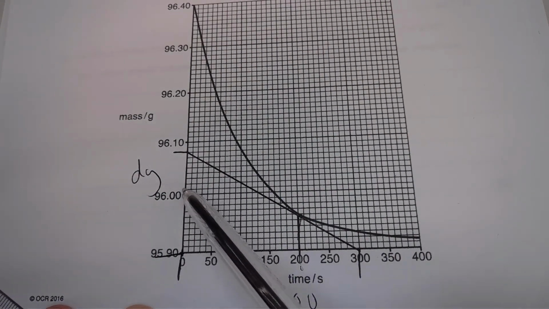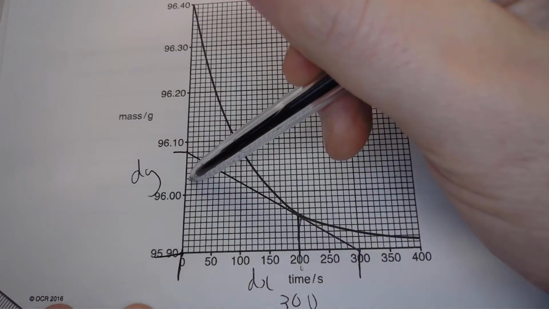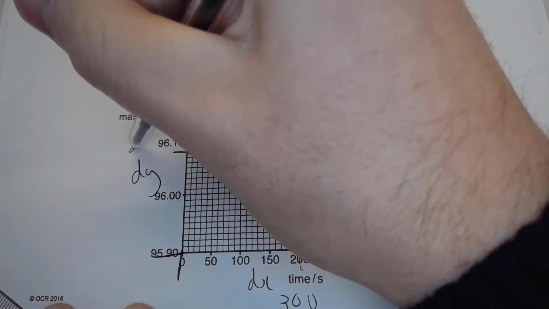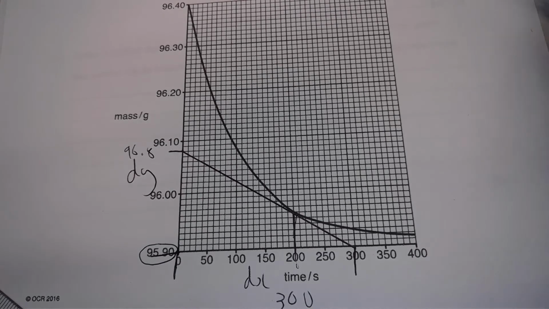So we end up at 96.8. We started off at 95.90. So 96.8 take away 95.9 equals 0.9.